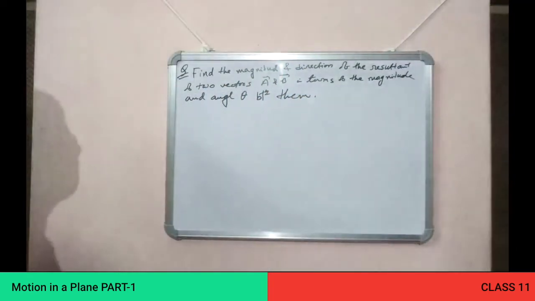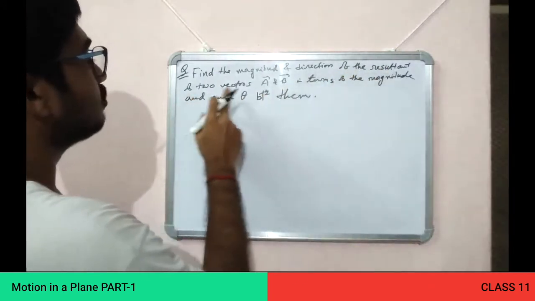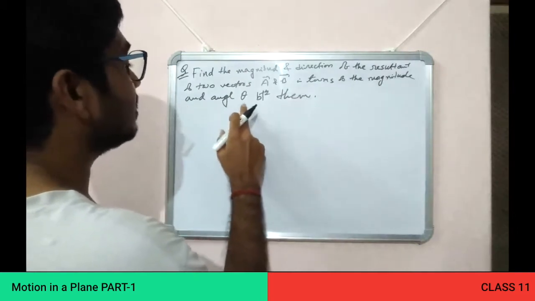So this is our problem. Find the magnitude and direction of the resultant of two vectors A and B in terms of the magnitude and angle theta between them.